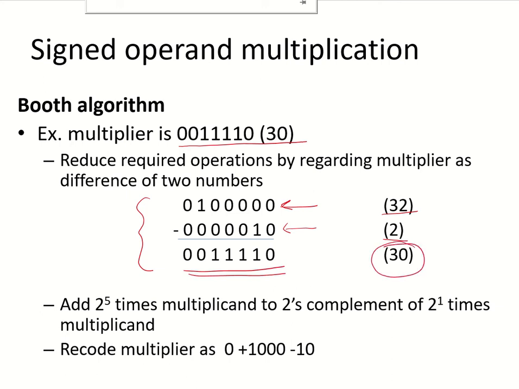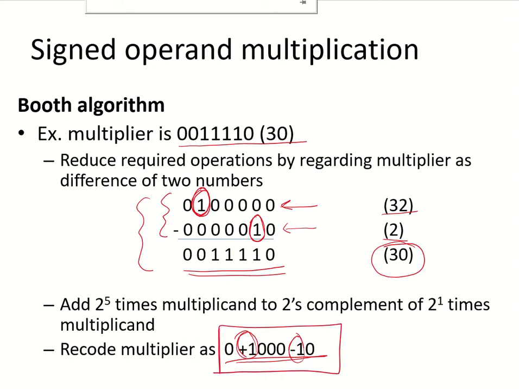So can we recode 30 using these two numbers? If we recode 30 as this, where this part is representing the 32 and this part minus 1 is representing the 2. So over here 32 and here we are having 2. So 30 is being represented or recoded as this.